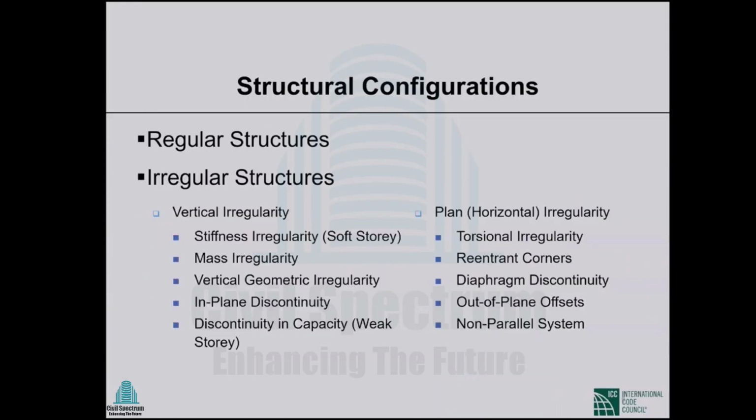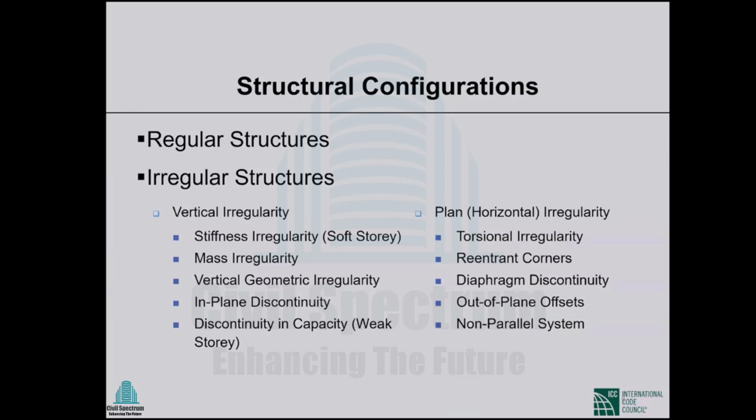Now, there is another very important aspect of structures, that is, a building structure can be regular or irregular. Many things depend on this classification. So if we know what the irregularities are, then if a structure doesn't have these irregularities, it automatically becomes a regular structure. Now, what are the irregularities?